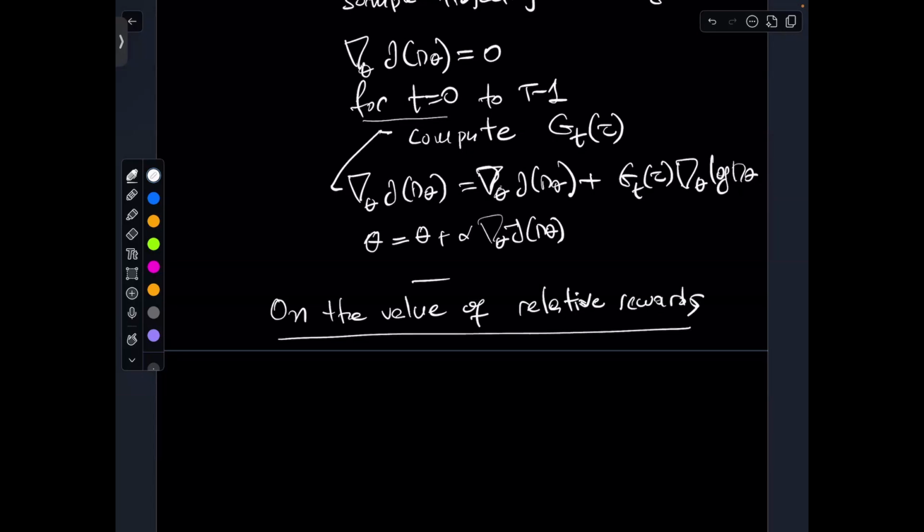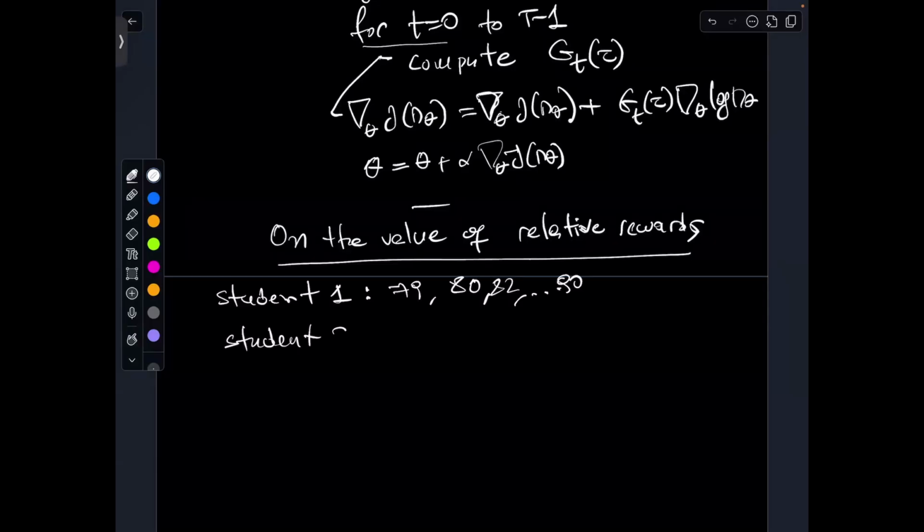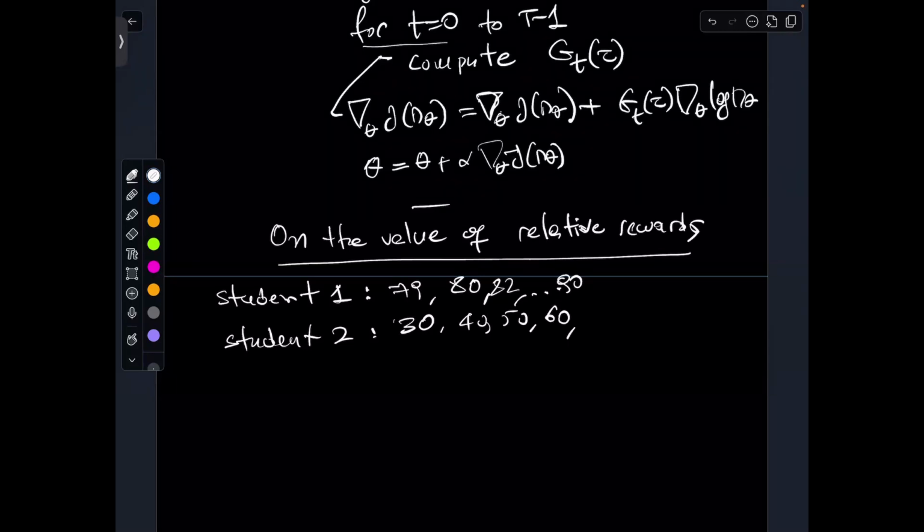Let's assume that you have two students. Student one takes grades like this, some really high scores. And student two has a history of fairly poor grades, and so on.